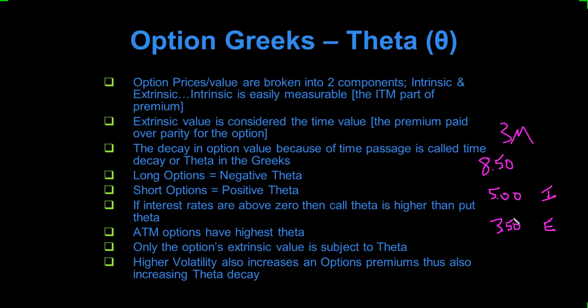In 3 months, all that $3.50 is going to become worthless. So what you want to have happen is for that stock to go up in value more than that $3.50, because it cost you $8.50. You've got to have it go up and counteract that decay. Otherwise, you're going to break even or you're going to lose money, if you're going to hold it to expiration.